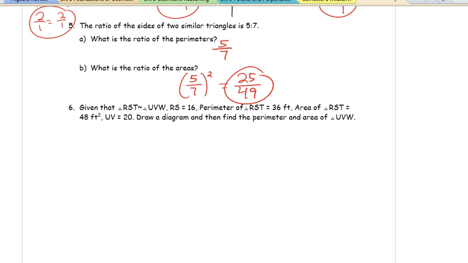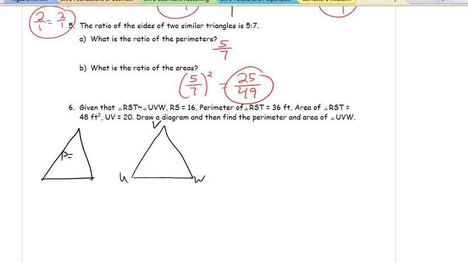Given that, now we'll look at an example. RST is similar to UVW. RS is 16. Perimeter of RST is 36. Area of RST is, I'm going to draw this bigger so I can fit more stuff.